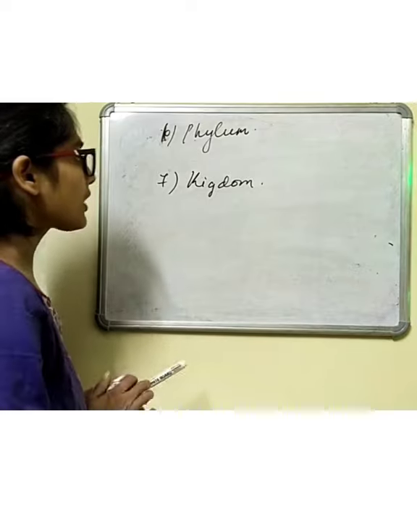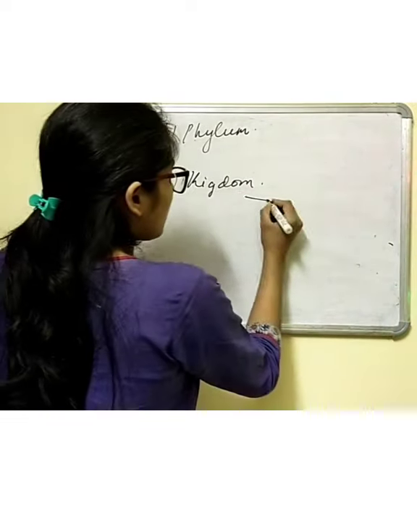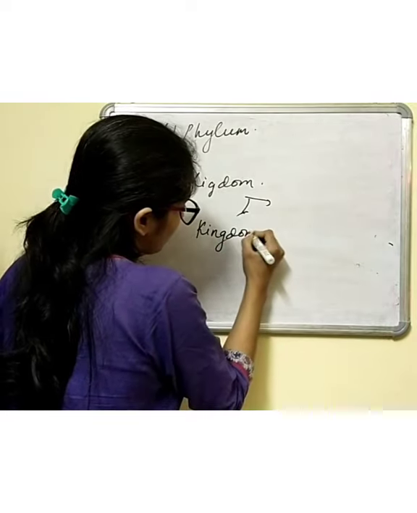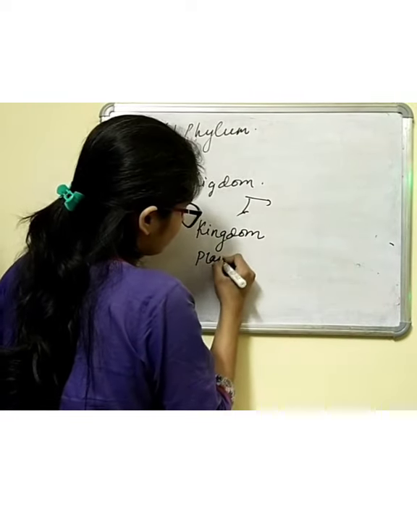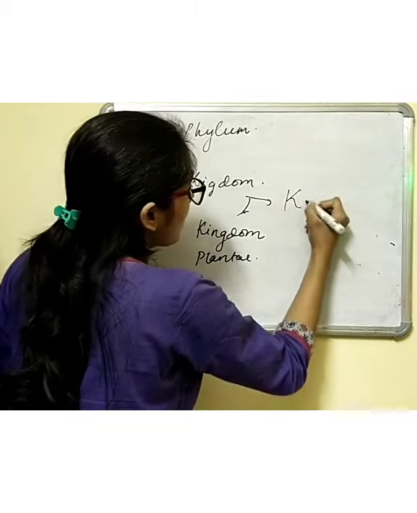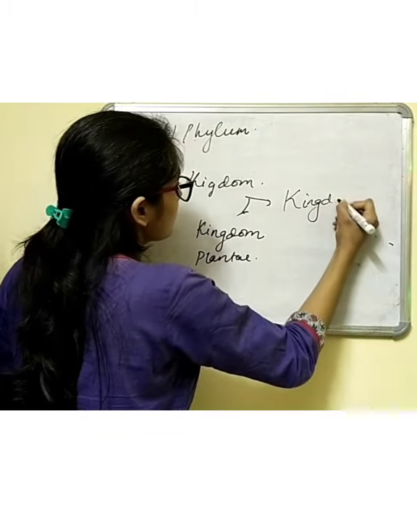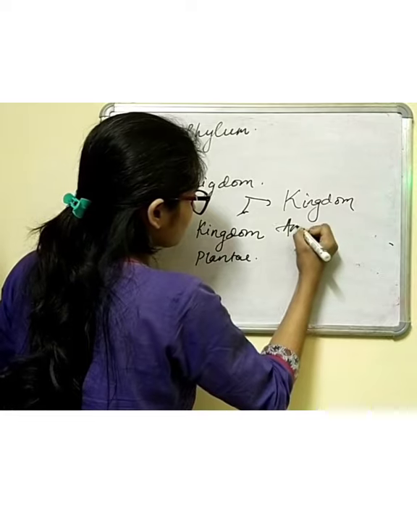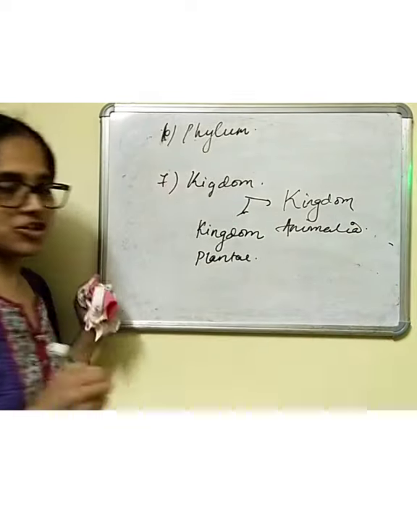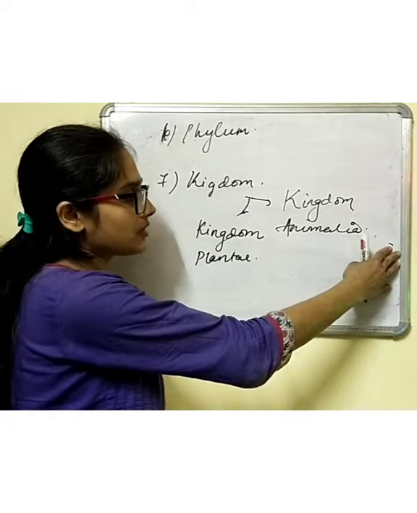And there are two kingdoms in the living world: kingdom Plantae, where all the plants are included, and kingdom Animalia, which includes all the animals.